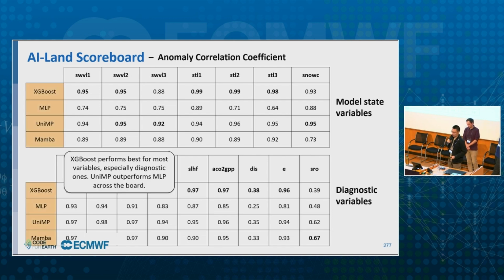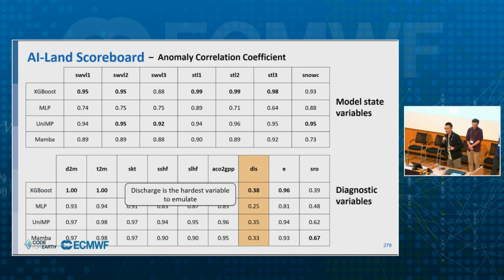Here we can easily see that the XGBoost model performs best for most of the variables. And it's very interesting to see that the XGBoost model outperforms most of the neural networks. And among the 3 types of neural networks, we can see that the graph neural network model outperforms the other types of neural networks.